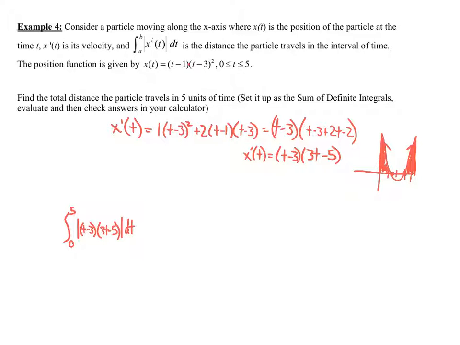So I can do the integral from 0 to 5/3 of that just as it's written. And just for sake of writing, I'm just going to put the x prime of t here. And I can do also the integral from 3 to 5 of that x prime of t.